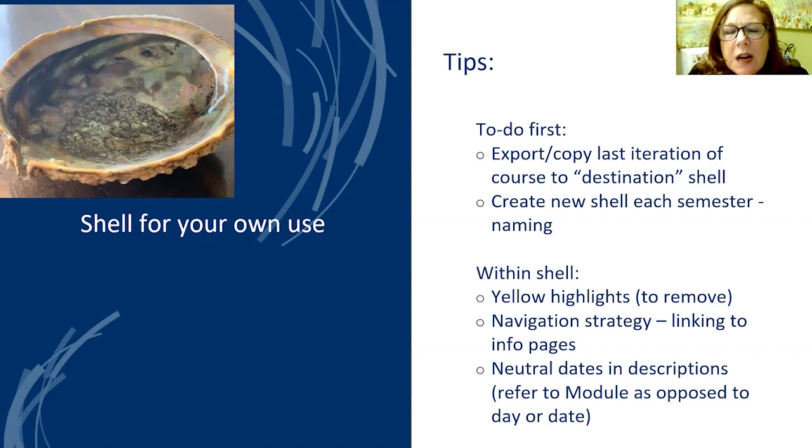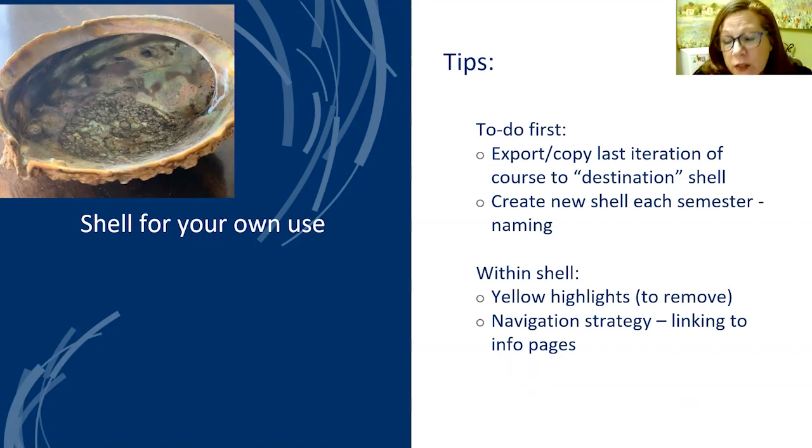I like to highlight in yellow things that I know I need to change. Or maybe for some people, it might be better to simply make the change right on the spot. But there might be some things where you don't have the information yet, or you want to think about it. You might want to change the name of an assignment. So I'll highlight those in yellow.